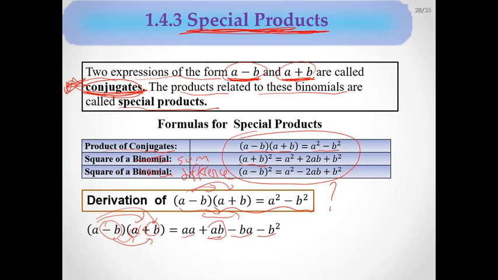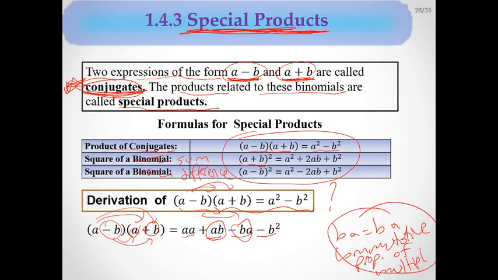As you see, they're the same because ab is equal to ba. What is that? The commutative property of multiplication, right? So they cancel out, and we have a squared minus b squared.